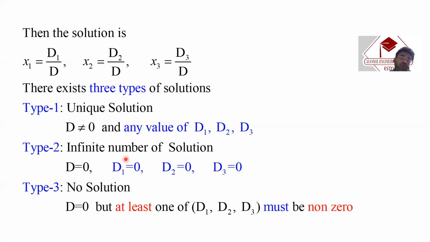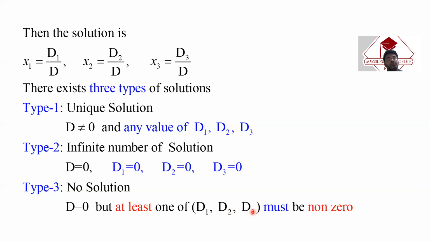In an infinite number of solutions, all of D1, D2, D3 must be equal to 0. But in the case of no solution, at least any one of D1, D2, D3 must be non-zero. If yes, then only you can say there is no solution. Clear?